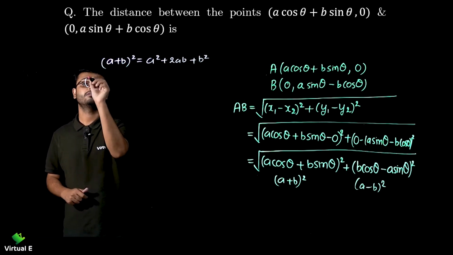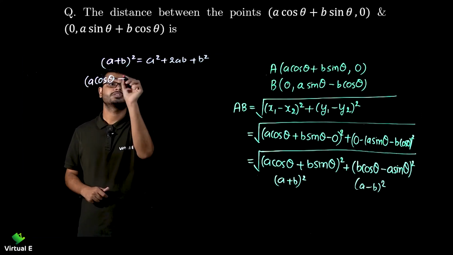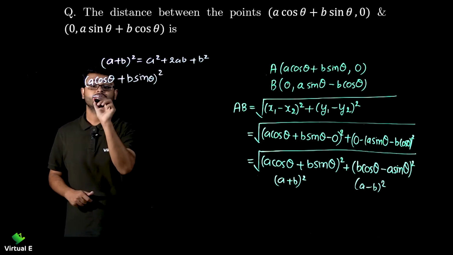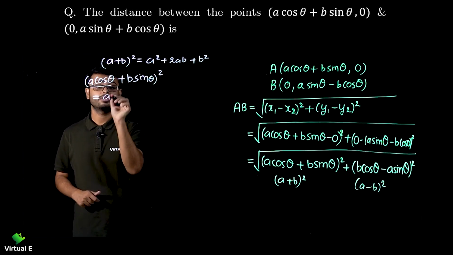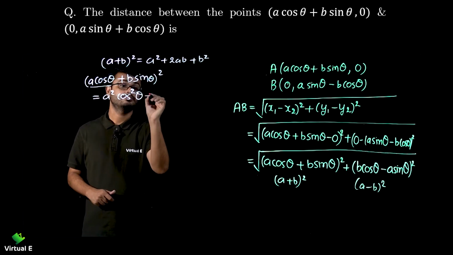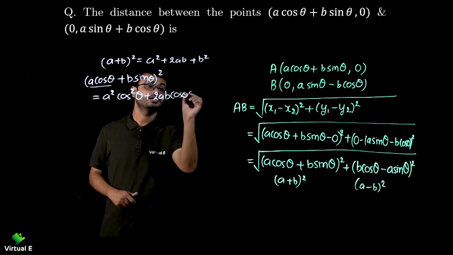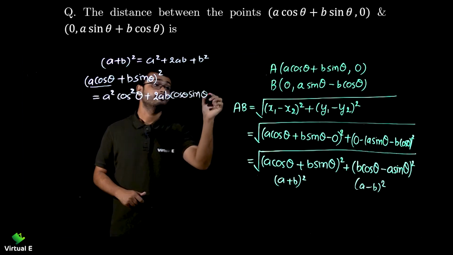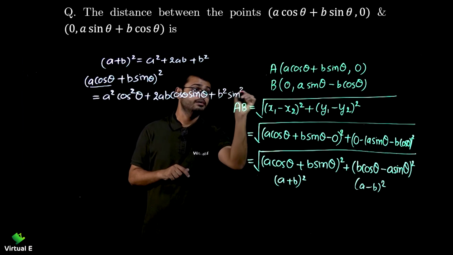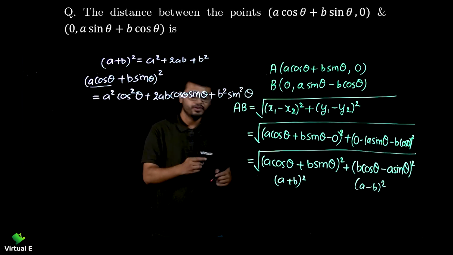So for (a cos theta plus b sin theta) whole square, we get a square cos square theta plus 2ab cos theta sin theta plus b square sin square theta. Remember, don't write theta square, that has a completely different meaning.